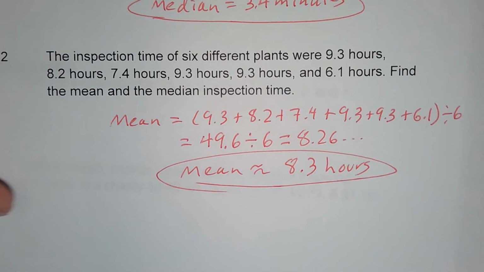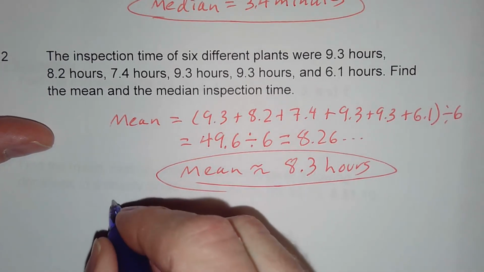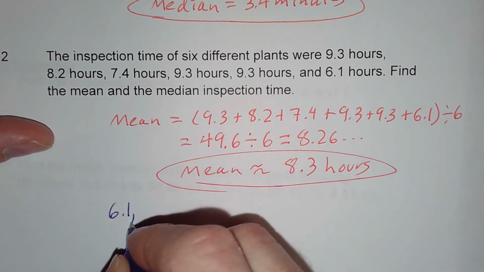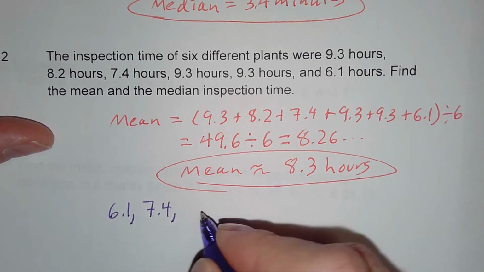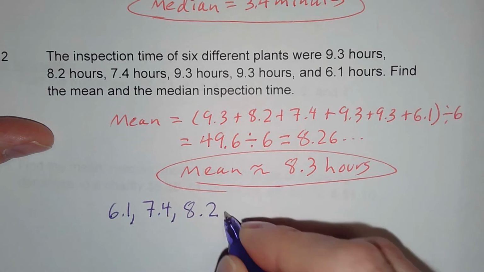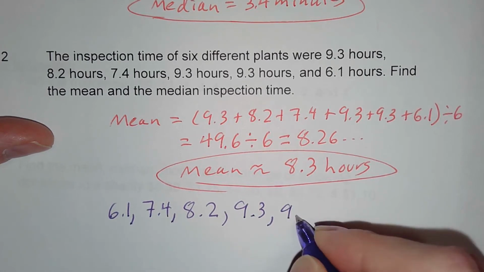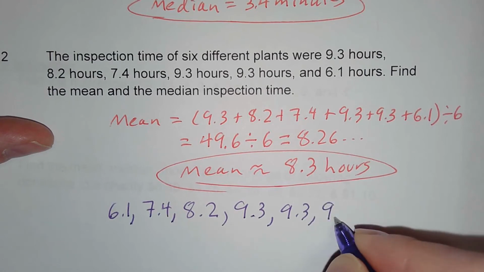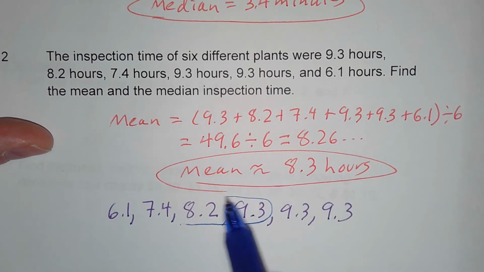For the median, I need to list them from smallest to largest. So we've got 6.1 hours, 7.4, 8.2, 9.3. Now, I have it 3 times, so I need to list all 3 of those numbers. So I'm looking at these 2 middle numbers together.